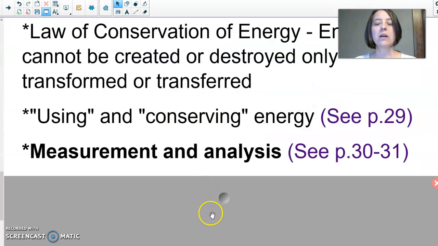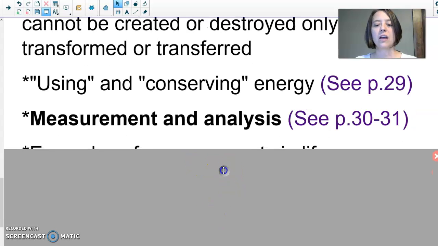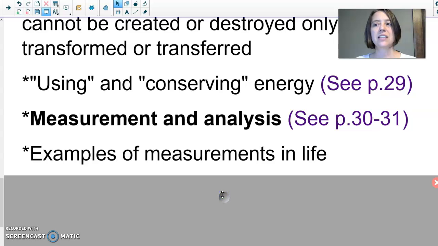That brings us to measurement and analysis on page 30 and 31. And I would like you to write this down and be able to discuss these things in a class discussion.